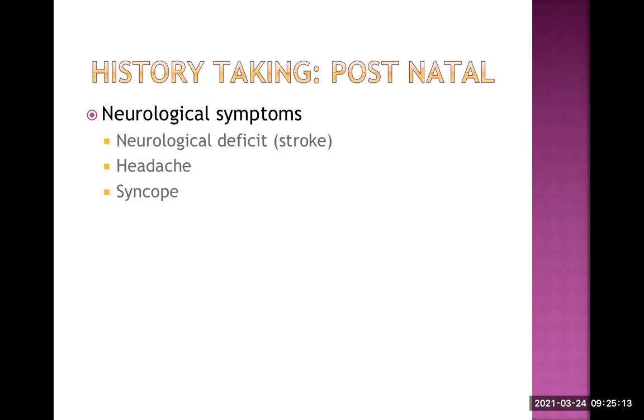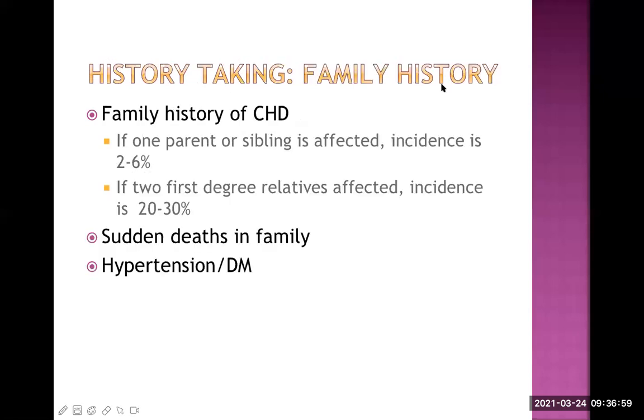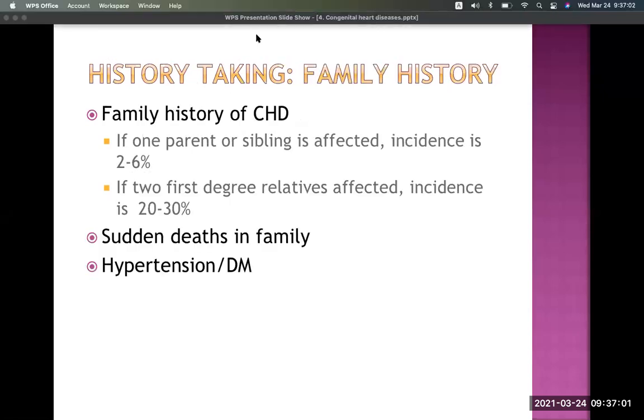And the third one is paradoxical embolism, which you have already mentioned. Another is headache, and third is syncope. Headache is quite common because of all these problems, whatever is happening in the brain. And syncope means transient loss of consciousness because of decreased blood flow to the brain, which is very common in heart conditions.